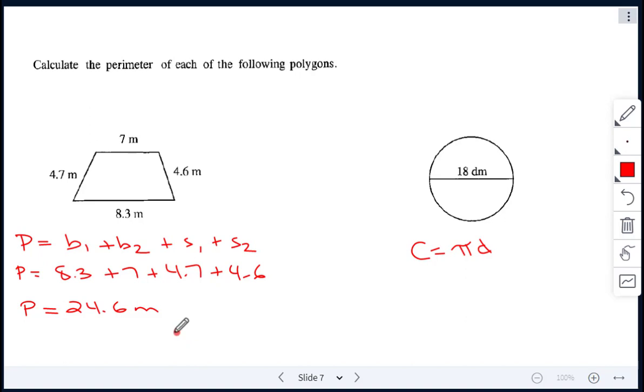Make sure you are showing your units. And for the circumference of the circle, which is the perimeter, C equals pi d. We are using 3.14 times the 18, which is its diameter, and we get 56.52 decimeters.